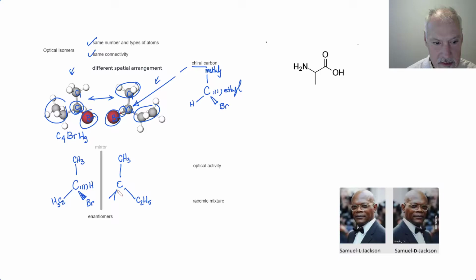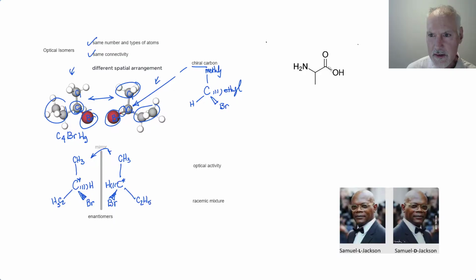Coming out of the plane of the page would be my bromine, and going back into the plane of the page would be my hydrogen. So here are my optical isomers, or enantiomers. So the presence of this special chiral carbon leads to this property.